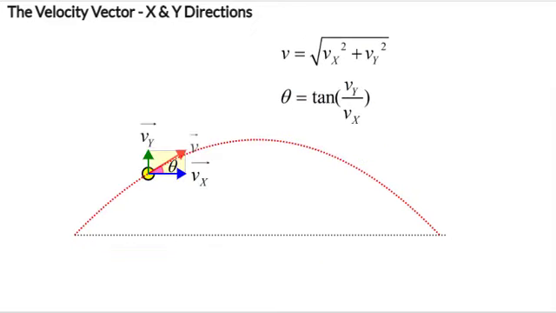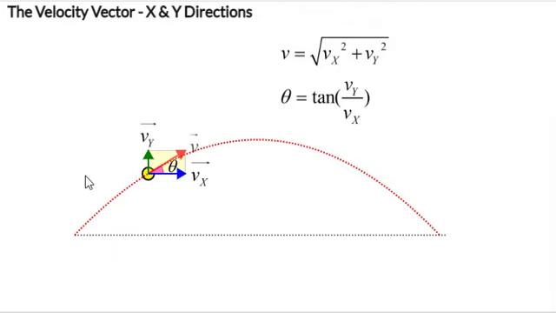If we want a mathematical expression for the net velocity, it would be the square root of Vx squared plus Vy squared. And this would be changing at every point along the path, since although Vx remains constant, Vy keeps changing.